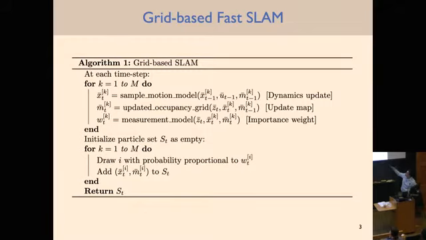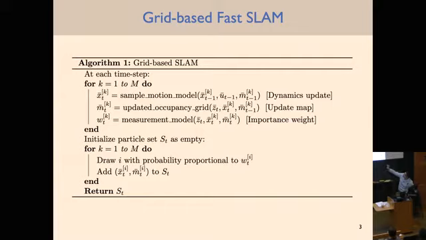I'll go through the functions a bit more carefully, but roughly what they're doing is some kind of dynamics update, if you have knowledge of the dynamics of the robot, and it's also updating a map. So that relies on the technique we discussed in the previous lecture.